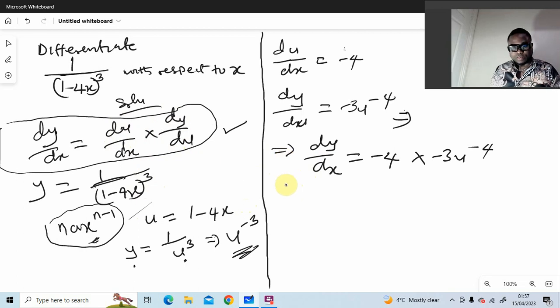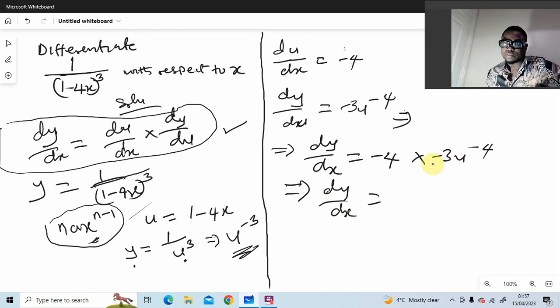So dy over dx is equal to the coefficient of u, which is minus 3, multiplied by minus 4. That will give me plus 12, because minus times minus is plus, and 3 times 4 gives me 12.